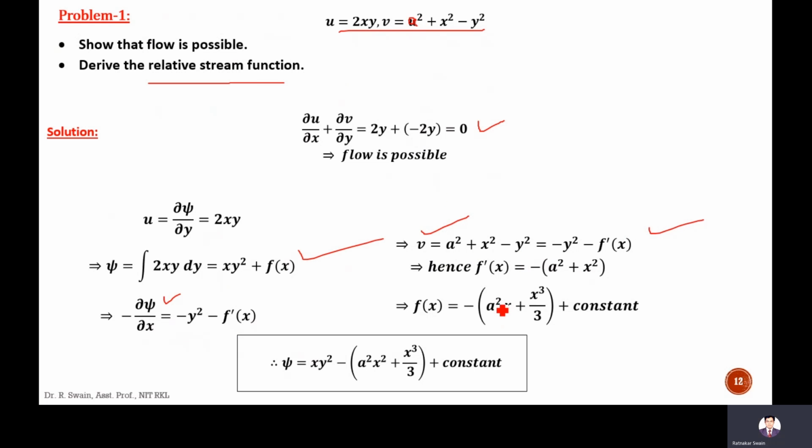So f(x) is minus a square x plus x cube by 3 plus constant. So psi is xy square minus a square x plus x cube by 3 plus constant. Like this, you can solve the problems.